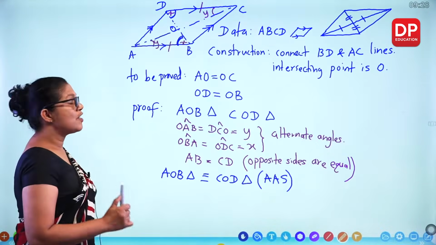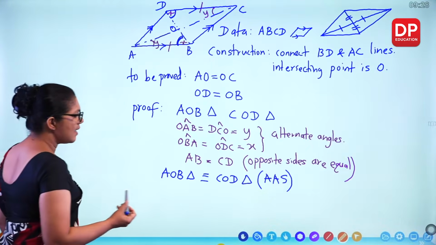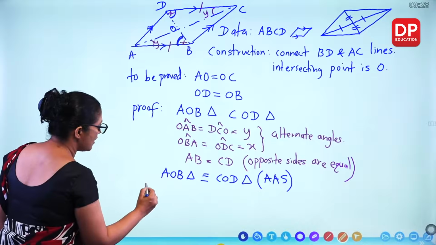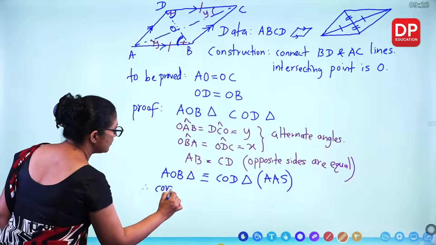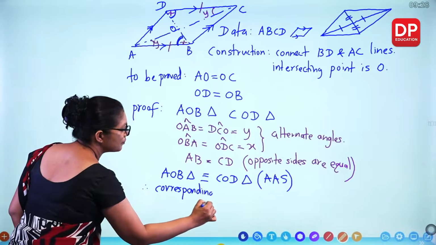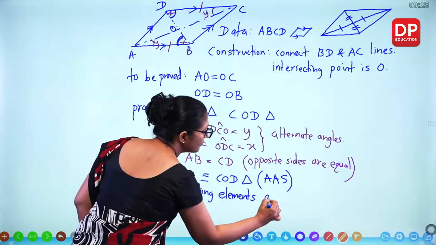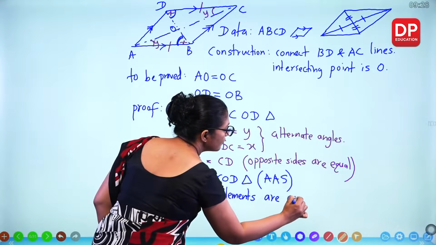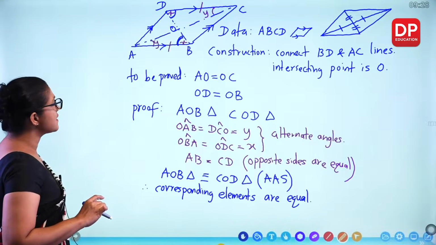So if these two are congruent, corresponding elements are equal. So what are corresponding elements?